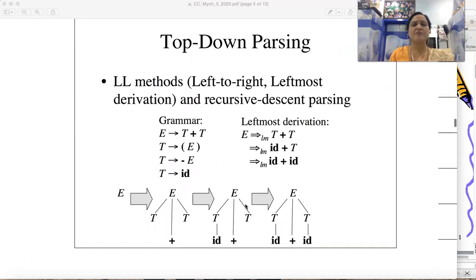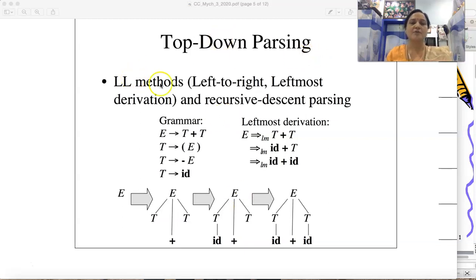So this is an example of top-down parsing. As I already told you, top-down parsing is also called LL parsing, or predictive parsing. Here the first L stands for reading the source program from left to right, and the second L stands for the top-down parser using leftmost derivation.